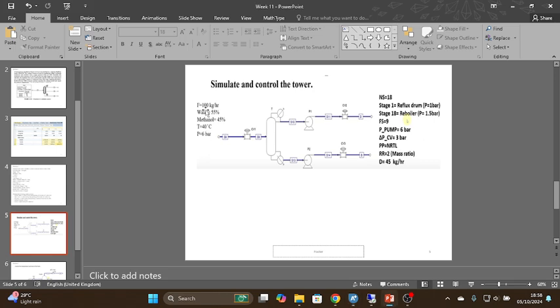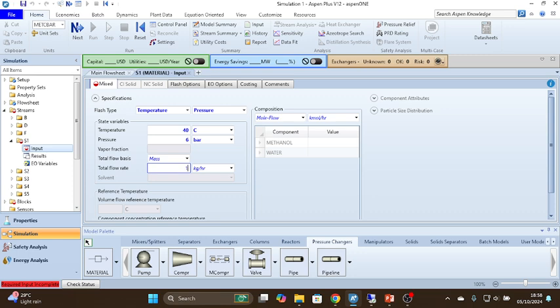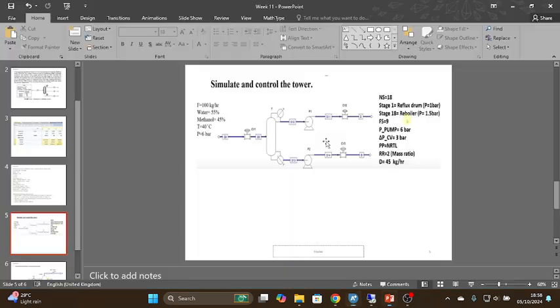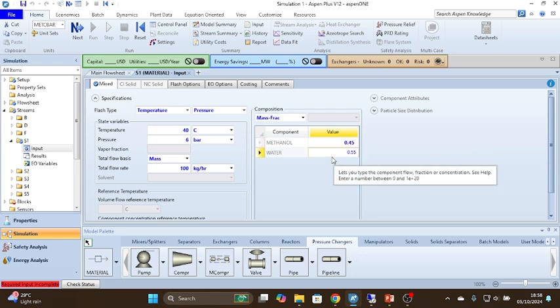The flow rate is 100 kg per hour, in mass basis, and this will be in mass fraction. So methanol is 45%, 0.45, and the remaining is water. Now the feed has been specified.